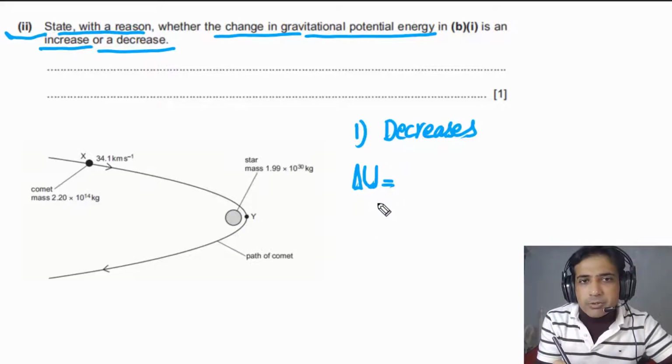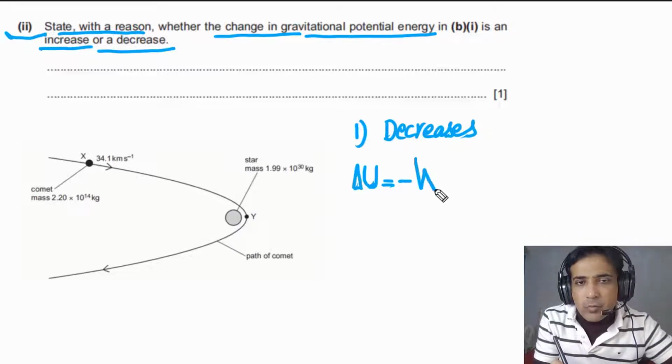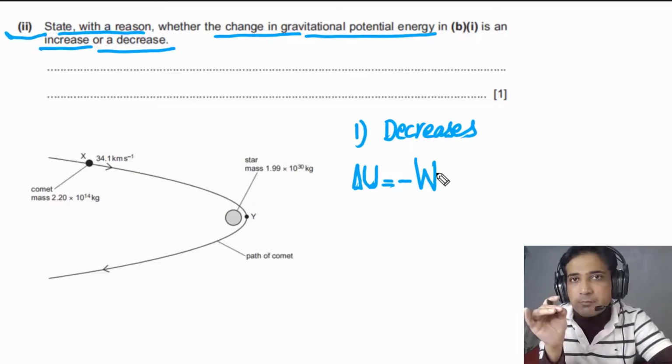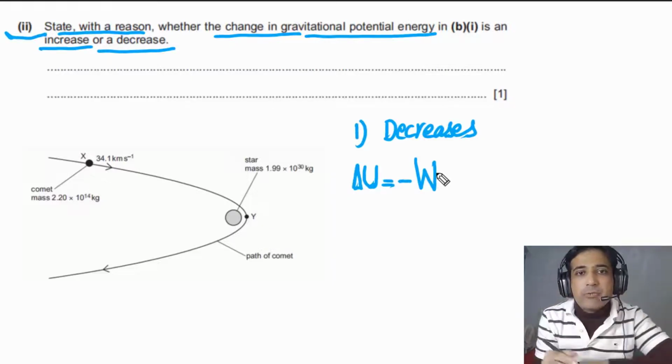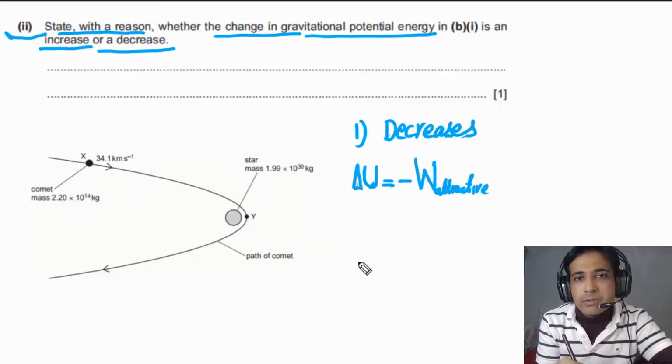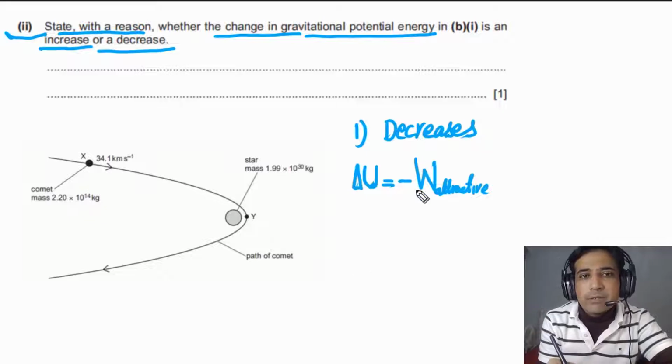Change in gravitational potential energy is equal to negative of work done by gravity, or simply I can say by any attractive force. So that is also true for electrical force when electrical force is attractive. So simply we can say for attractive force, if the work done by attractive force is positive, it means the change in gravitational potential energy will be negative, and vice versa is also true.